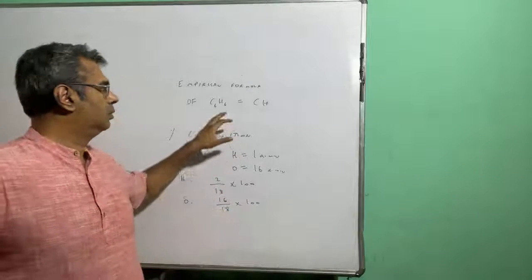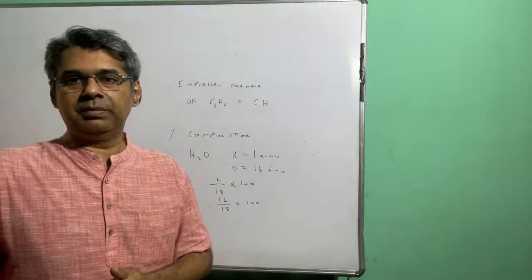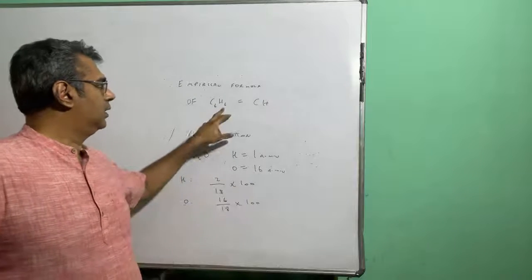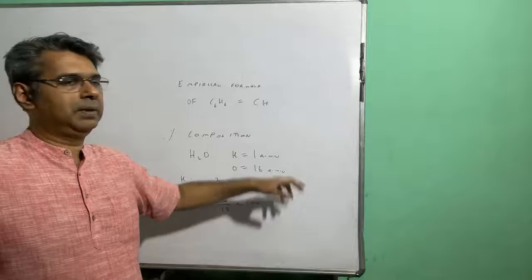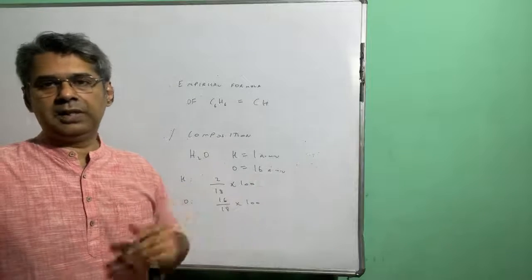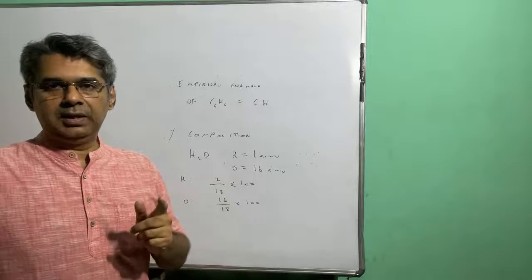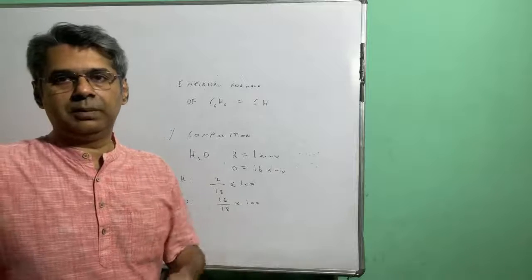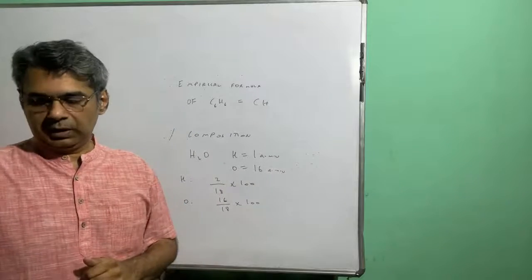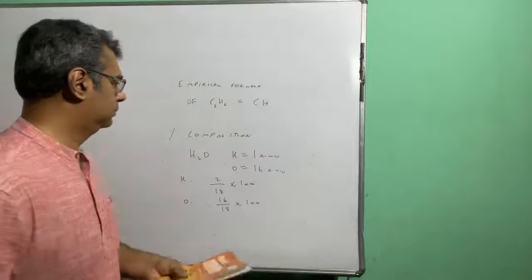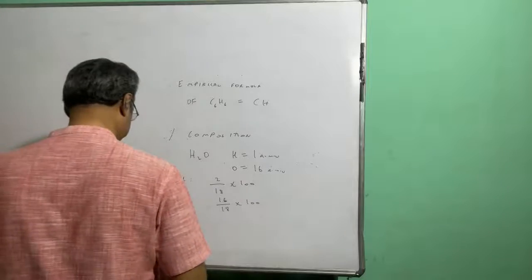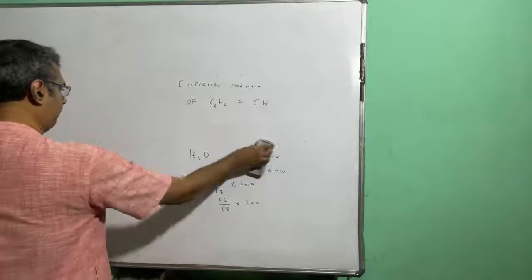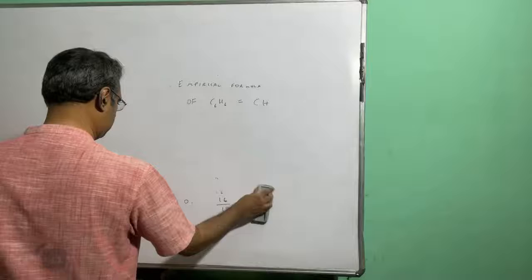It is the simplest formula in whole number of atoms, something like reduce to lowest terms, which we do in maths. If you reduce 6 to lowest terms, it will become 1. So these are the 3 topics in today's session: relative atomic mass, percentage composition, and empirical formula. Now I will give you the homework.